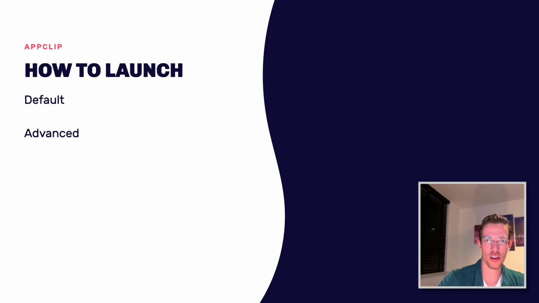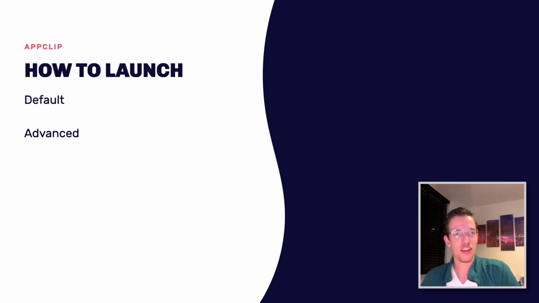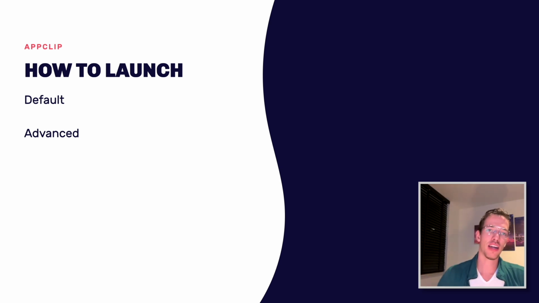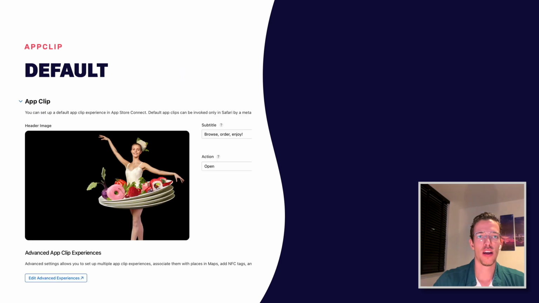In terms of code for the launching, we have two ways, a default one and an advanced one. A default one is nothing else than just opening your AppClip with no parameters. And you can configure this when you just visit your App Store Connect page.